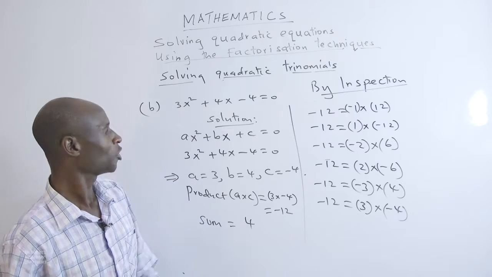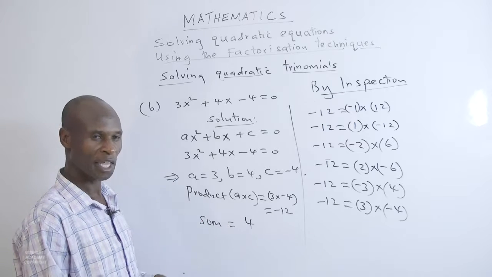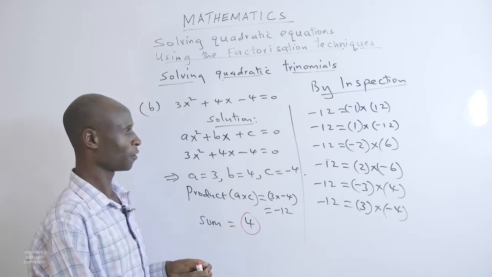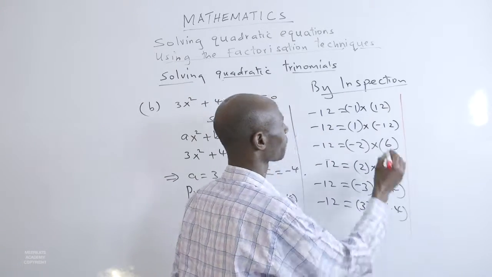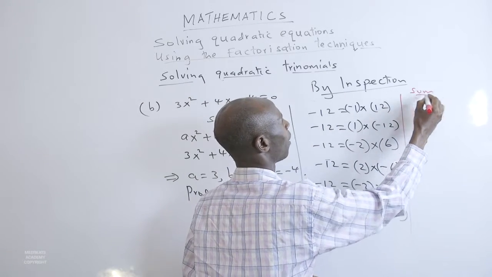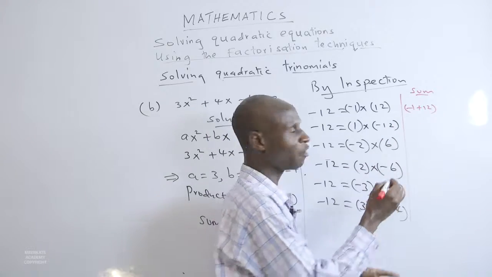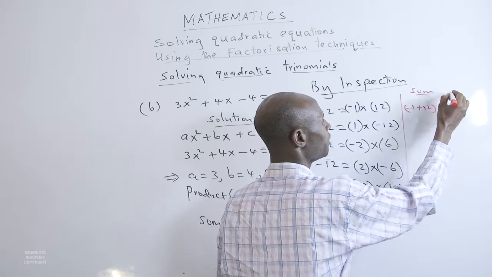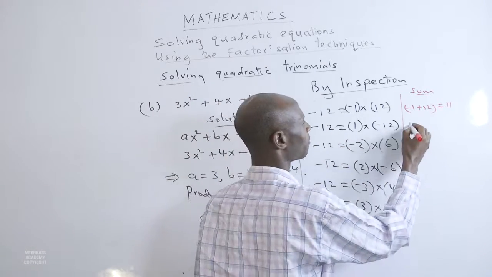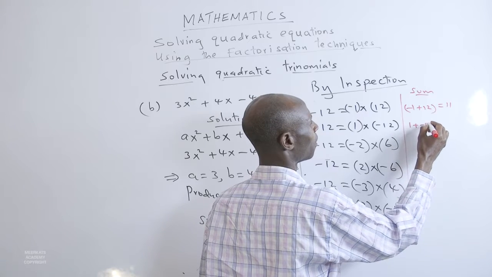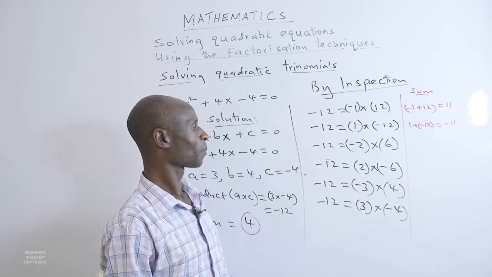The next thing is to identify a pair which when you sum, you get 4. So if you take the sum, negative 1 and 12 is 11. 1 plus negative 12 is negative 11.